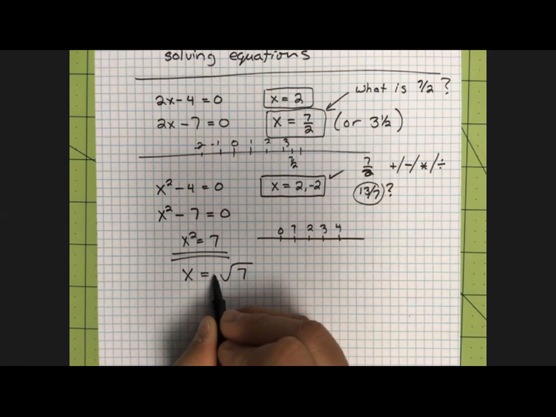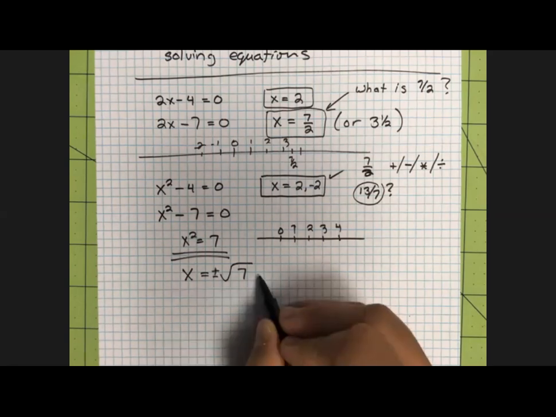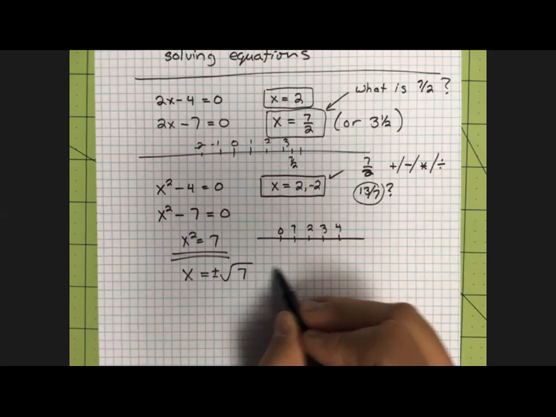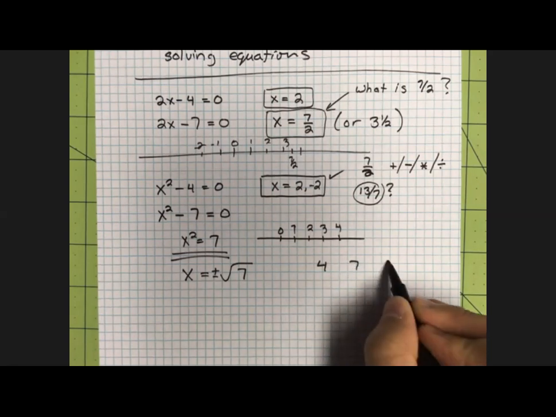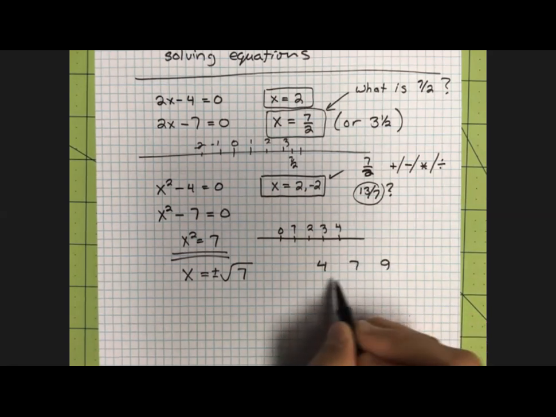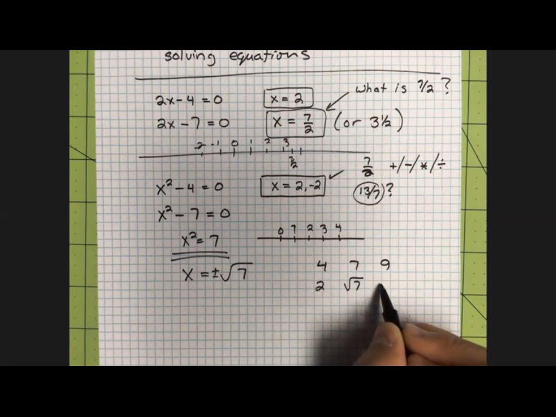It's somewhere, must be less than 3, because 3 squared is 9. Must be more than 2, because 2 squared is 4. 7 is between 4 and 9. So the square root of 7 must be between 2 and 3.